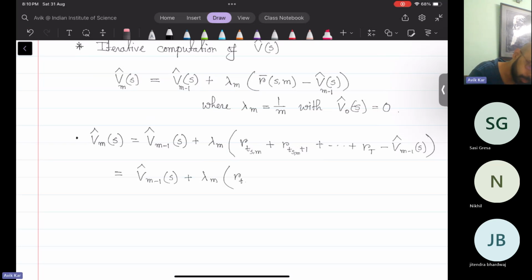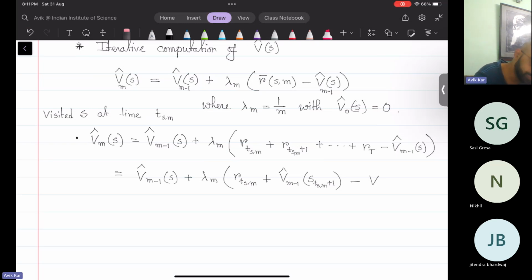We take the first term of this reward at (s, n). We add V hat(m minus 1) at s at time T(s, n) plus 1, and subtract. Remember that s here can be replaced. When we are updating this V hat(s), that means we have visited s at time T(s, n), right? That's the definition.